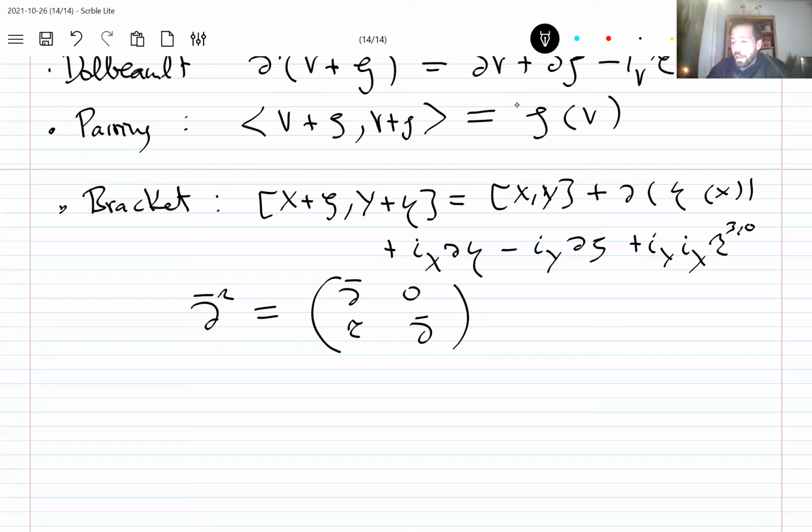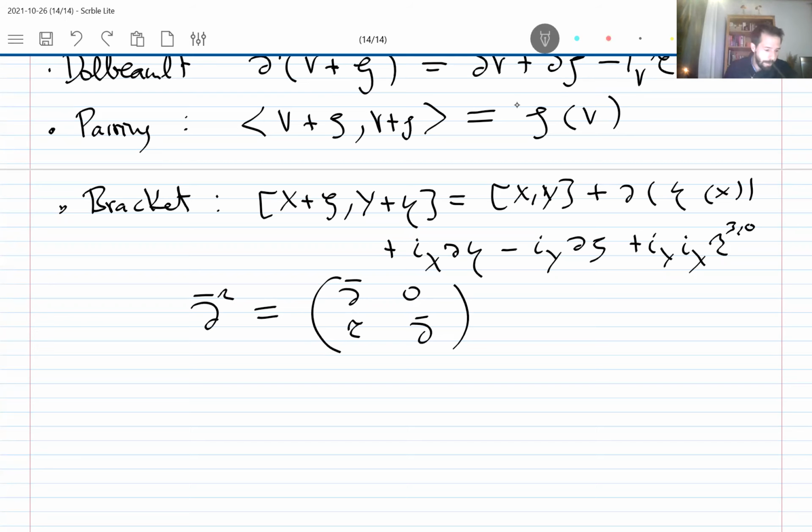So we are interested in a particular class of these holomorphic Courant algebroids, which arise via reduction.